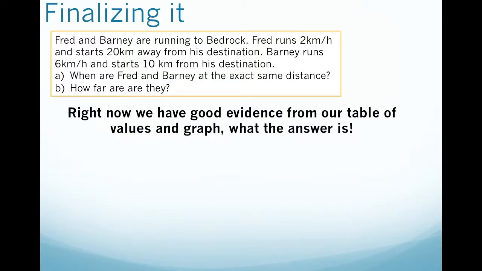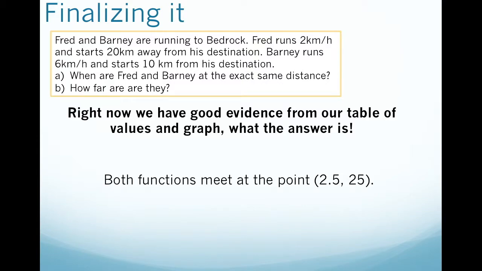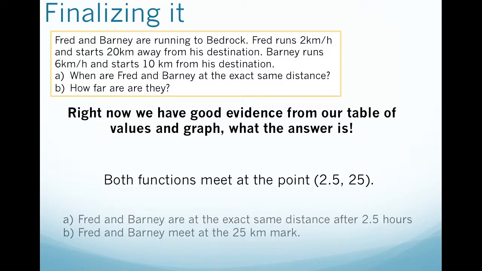We have good evidence from our table of values and graph what the answer is. Both functions meet at the point (2.5, 25), and keep in mind x is time, y is distance. So Fred and Barney are at the exact same distance after 2.5 hours. So at 2.5 hours, they're at the exact same place, which you can see from your graph.